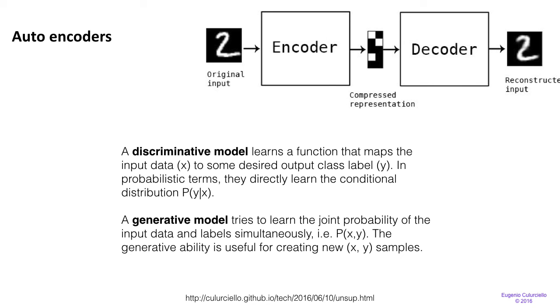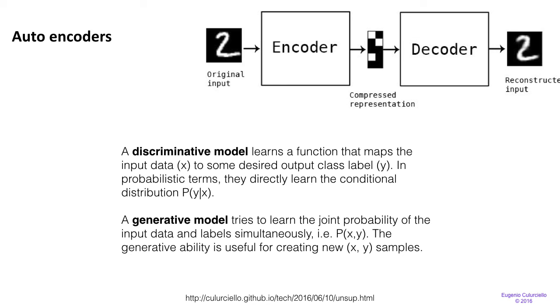Autoencoders are also, in the literature, thought of as generative models, as opposed to discriminative models. A discriminative model, which is a standard neural network, maps an input data X to a desired class Y. It does not have to be a class label, but usually it is.